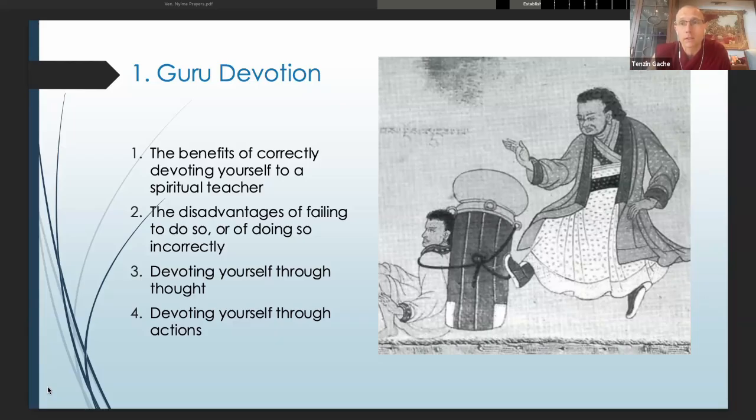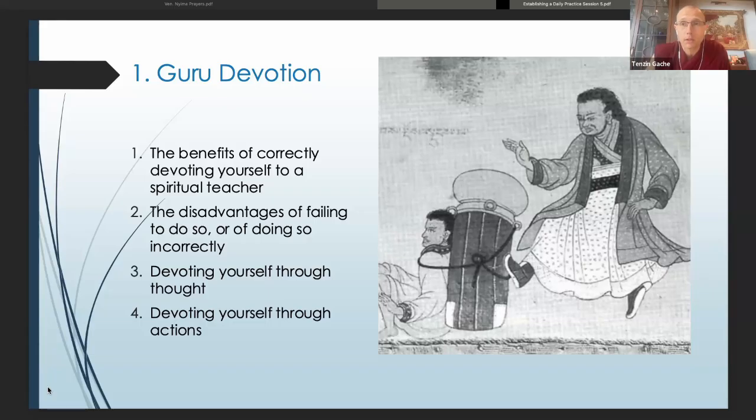It makes it a lot easier to have that kind of relationship. Just simply the way that somebody holds their body, the way that they act physically. But devoting yourself through actions, that's the first part.